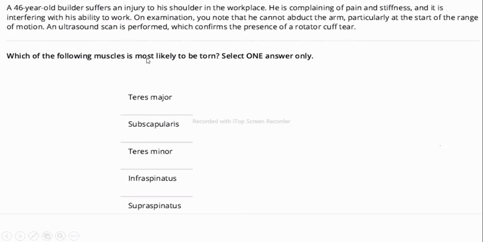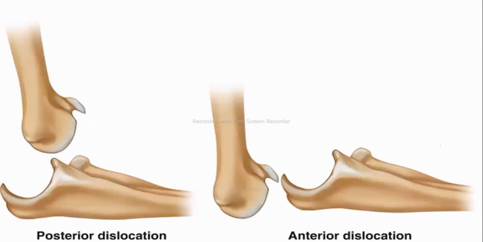Which of the following muscles is most likely to be torn? Supraspinatus. So we have already finished the shoulder. Any problem with the shoulder? No problem. So we will go on to the elbow.